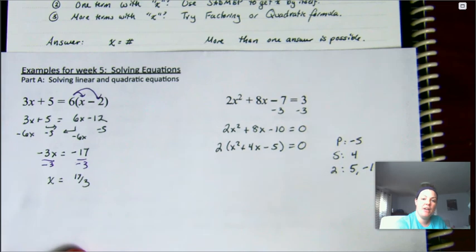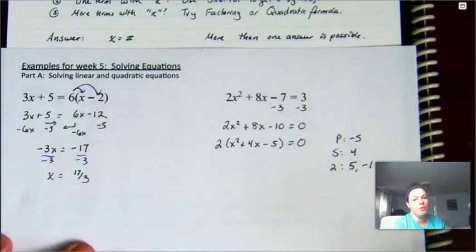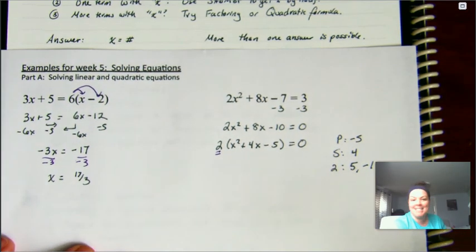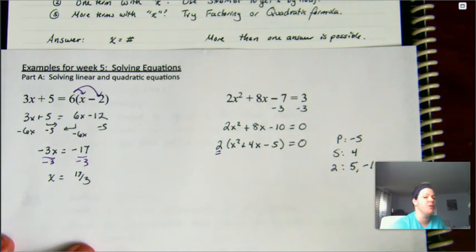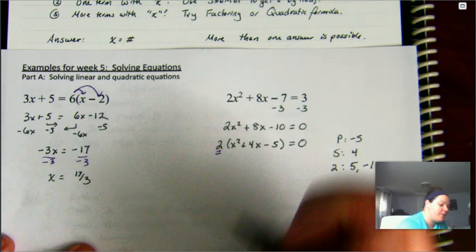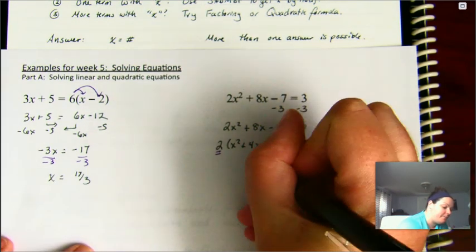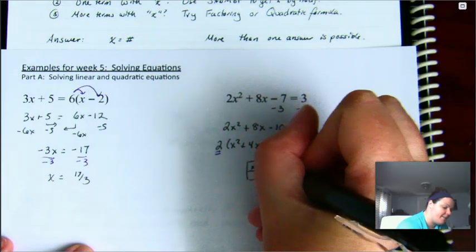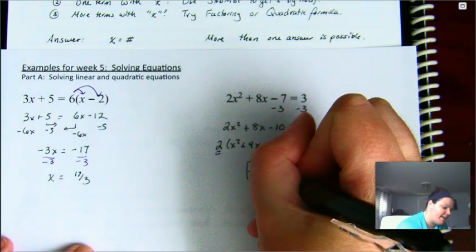So again, depending on how you like to do this, if you like to do this with the grouping or the reverse box method, one thing I want to point out to you is the 2 that we took out over here doesn't have any effect on how you do the PS2. If you like to do the reverse box way, you would set this up as x squared, a 5x, negative x, and a negative 5.